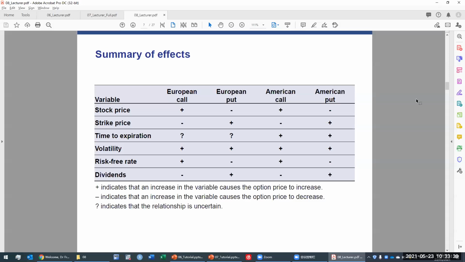Because you don't have to pay it straight away, and the higher the interest rate, the more interest you can generate from your bank account. So that's actually a plus. But minus for a European put is because you are selling something. You haven't got the money yet. So the higher the interest rate, the higher the opportunity cost for you, right? You may as well sell it now. So that's why.